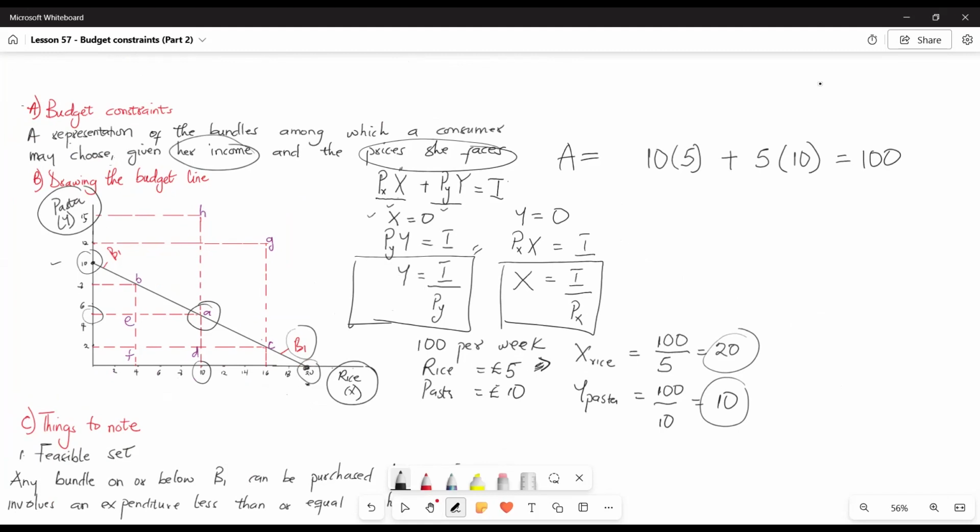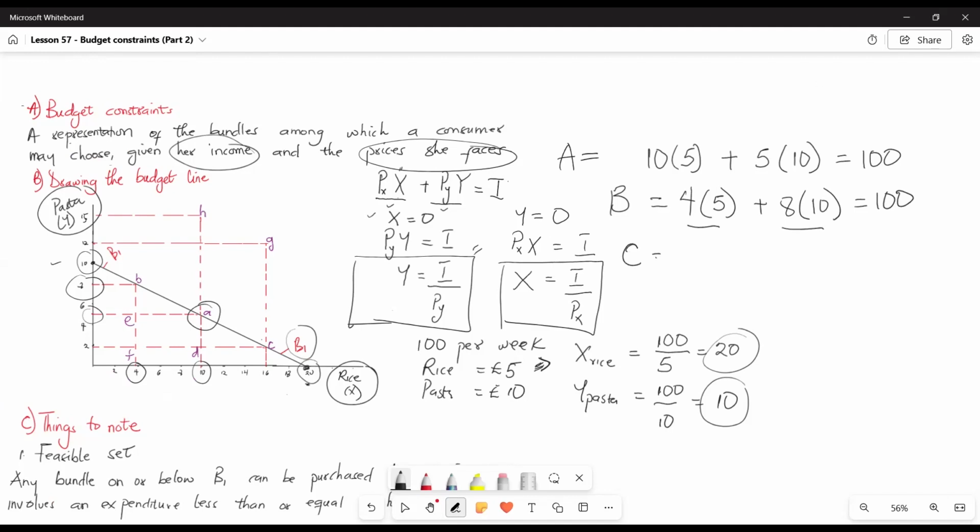This is bundle A. If we move on to bundle B, it has 4 units of good X and 8 units of good Y. So 4 units of good X at a price of 5, and 8 units of good Y at a price of 10. So we have 20 plus 80, which still gives us 100.